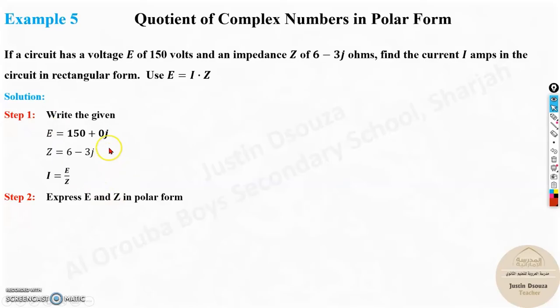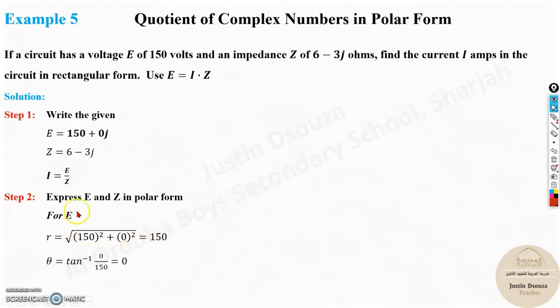So first let's express this in polar form. What do we do? For E, you need to find the radius R, that is, find the modulus and the argument angle theta. So R is what? Square root of the square of 150 plus 0 square, because there's nothing, it'll be the same.